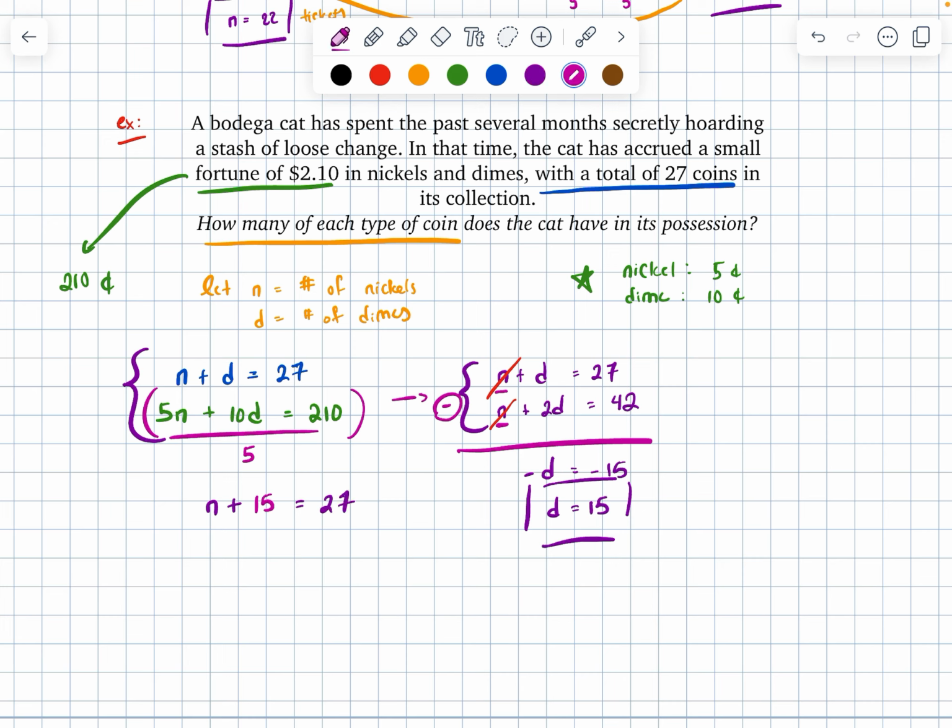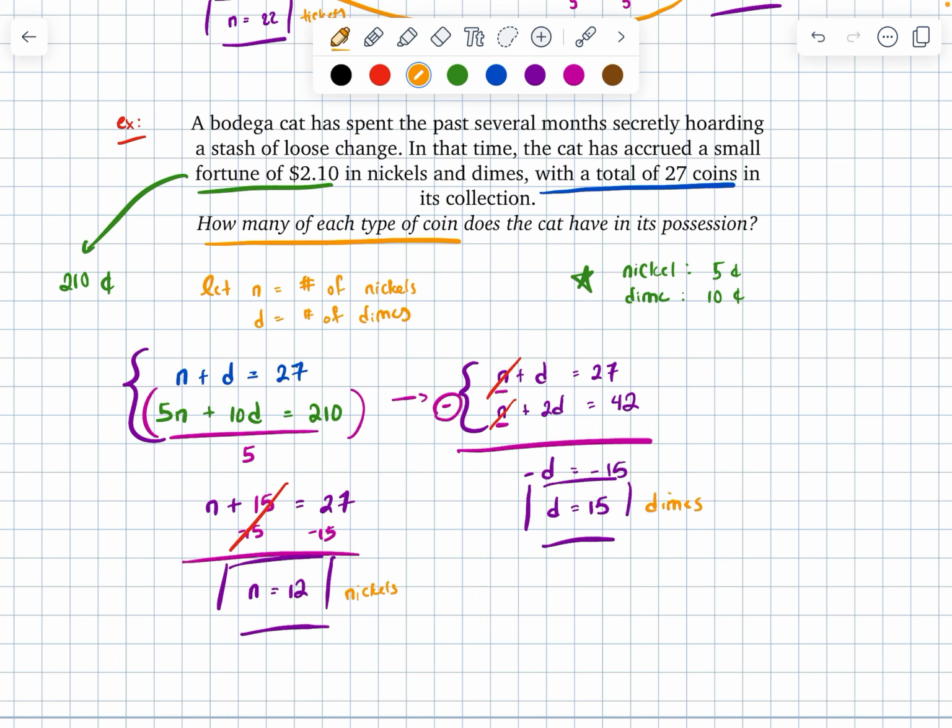We've just found that d is equal to 15, so n plus 15 must be equal to 27. Subtracting 15 from both sides to isolate our n tells me that n is equal to 12. So I've solved my system. Last move, in context, that means we've got 12 nickels and 15 dimes in our kitty corner.